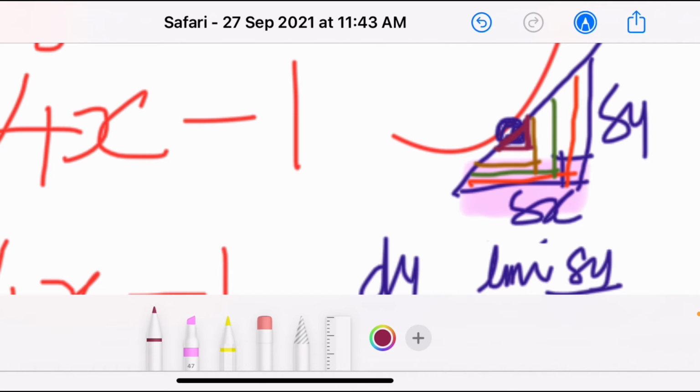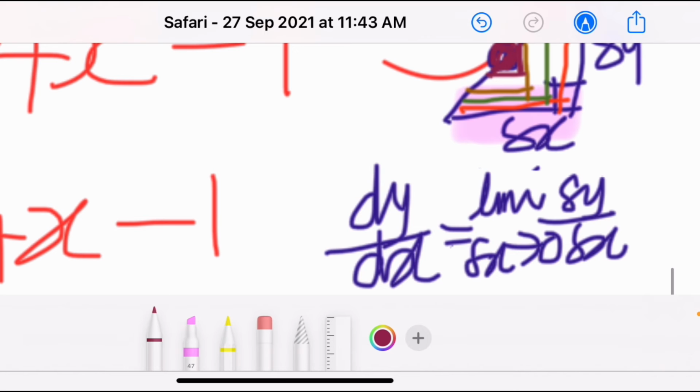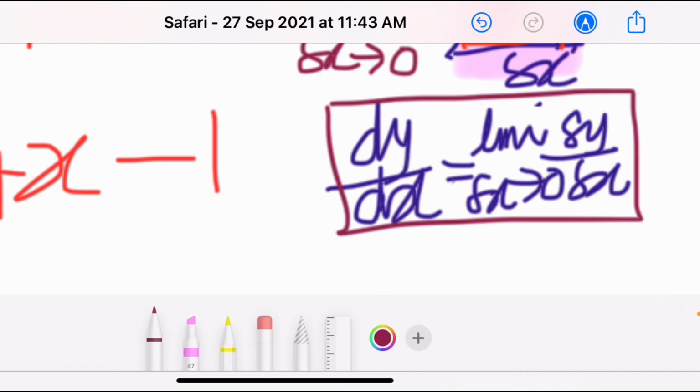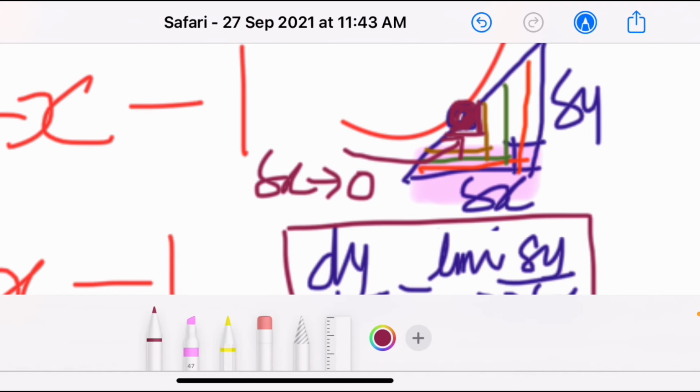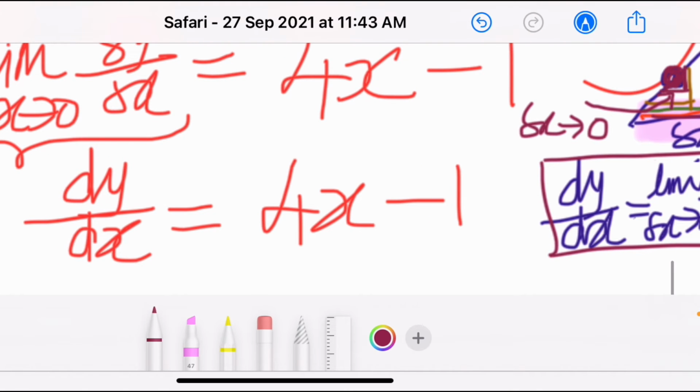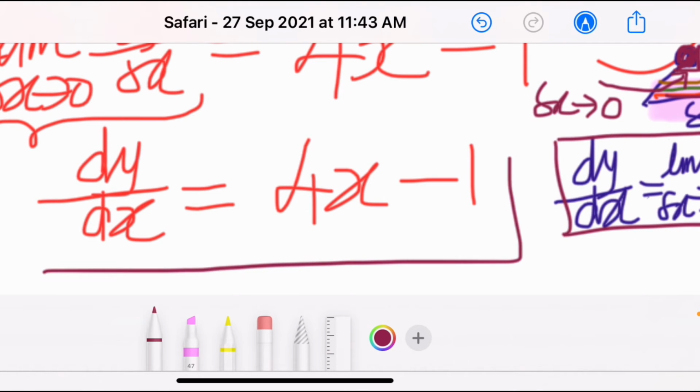At this point, delta x will be almost 0. Do you understand? This is the concept of limit. You must understand the limit, then only can you use the first principle.